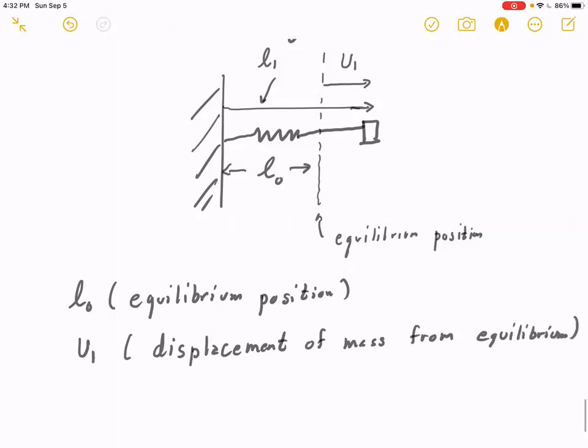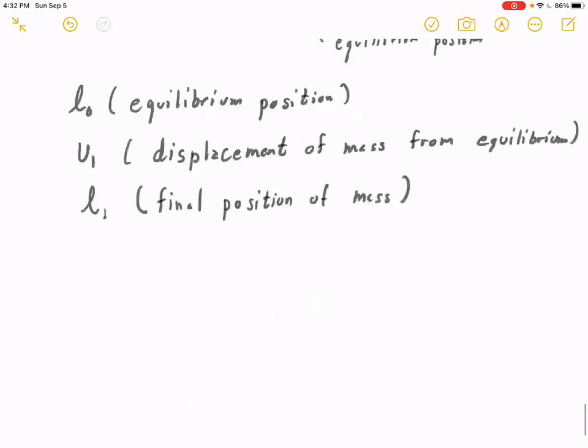And L sub 1 is the final position of the mass. So I want to find an expression, which I'll call delta L, for the displacement of the mass from equilibrium.